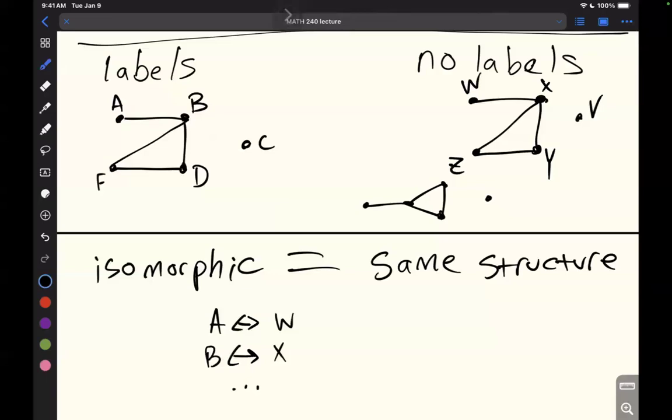That's isomorphism. Okay, I don't know what iso means. Morphic means like, I don't know, moving. And so it's the same when you move things around. It's the same structure.